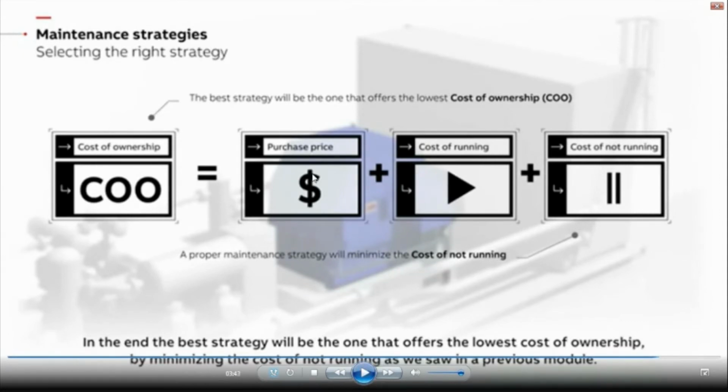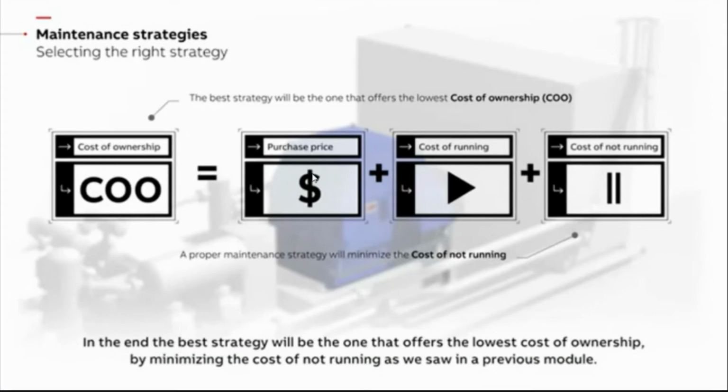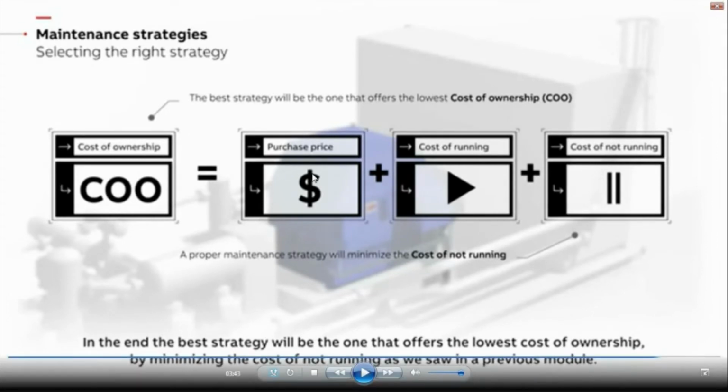So maintenance plays a major role, whatever the make of the motors the system is running. We have watched a video prepared by ABB, and ABB is a pioneer in drive systems, and there are many plants running drives manufactured by ABB.